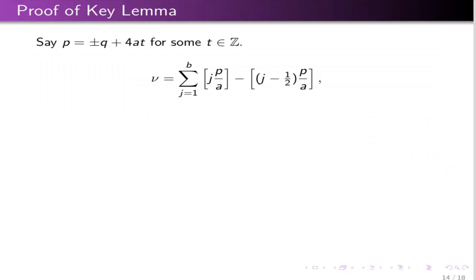Let's say p equals plus or minus q plus 4at for some integer t. So p is congruent to plus or minus q mod 4a, remember. Then we've got this formula for ν, and so I'll just substitute in what p equals here.